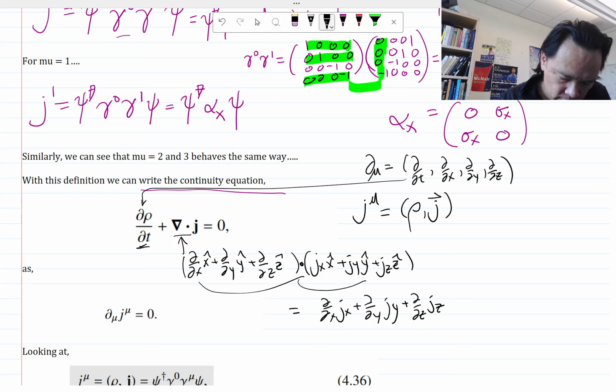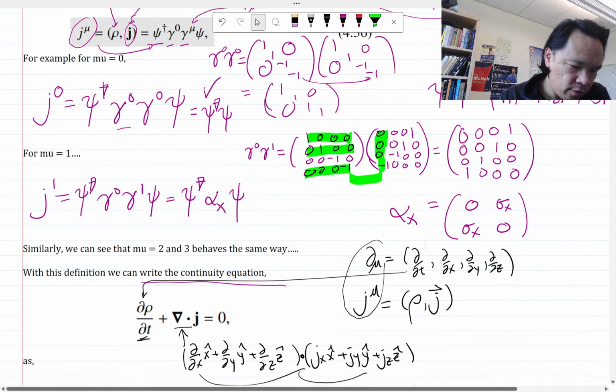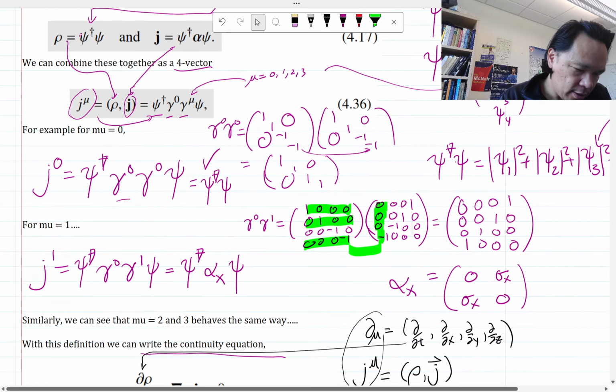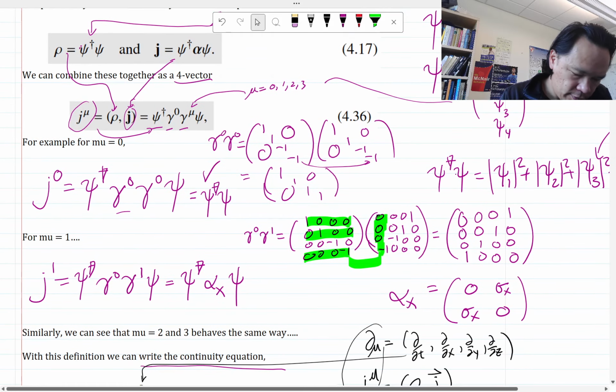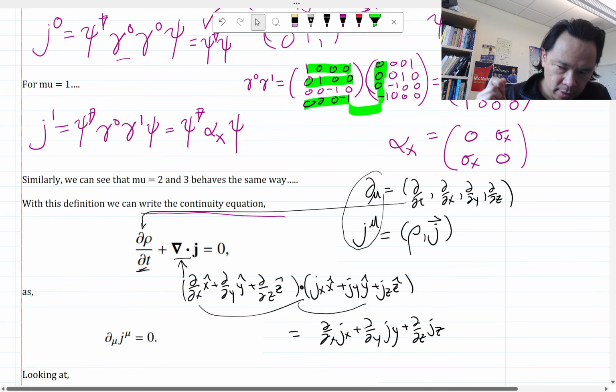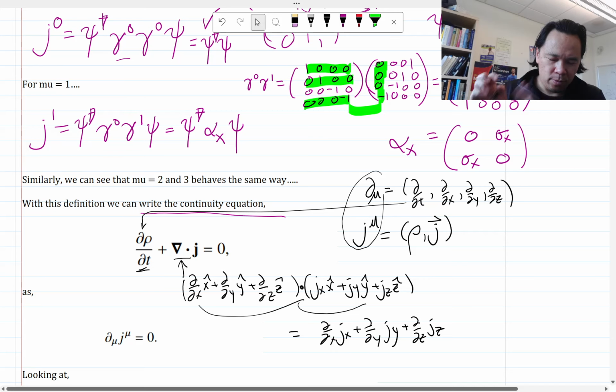Sorry to be lingering on this, I just want to be a little bit explicit here. That's the equivalent of taking the covariant derivative of the contravariant form of the probability density squished together with the current.